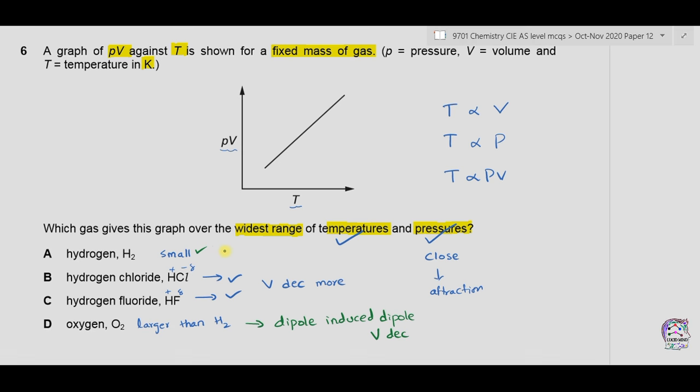So hydrogen gas is closest to an ideal gas. Therefore it is hydrogen which will give this graph over a wide range of temperatures as well as pressures. The answer is therefore A.